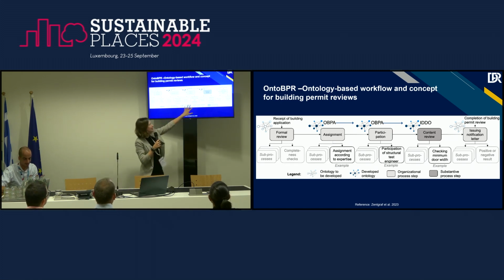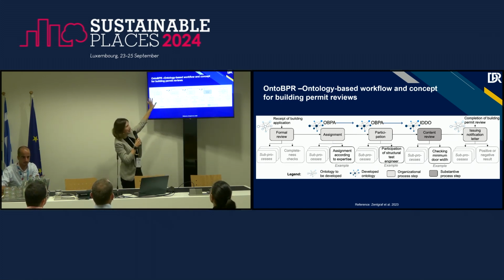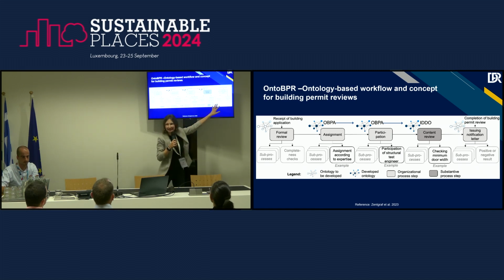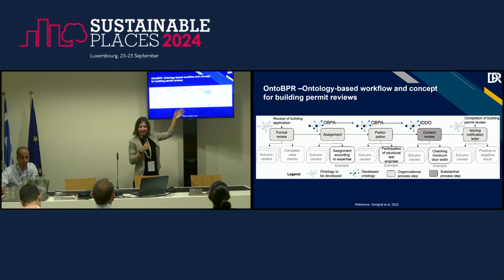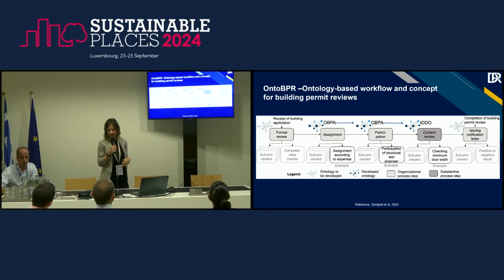So you see, these are just the 3 parts, and then the advanced one is that we also cover this part and this part, so that they are also more related to each other. Once we get the information from the application, it will be forwarded, and that will initiate the other processes until the very end, and it will also include the notification letter and the report, whatever the decision is.